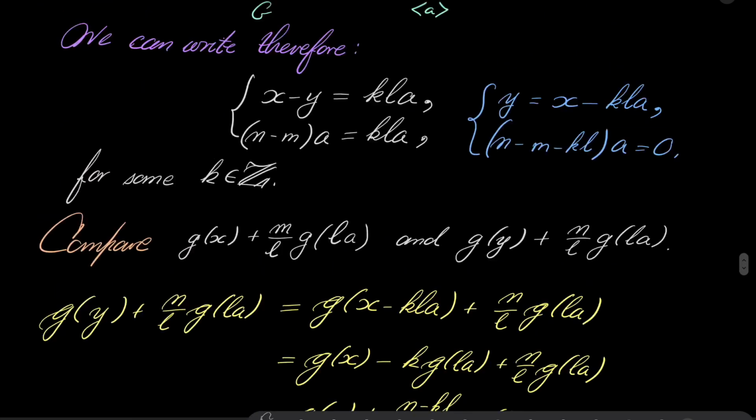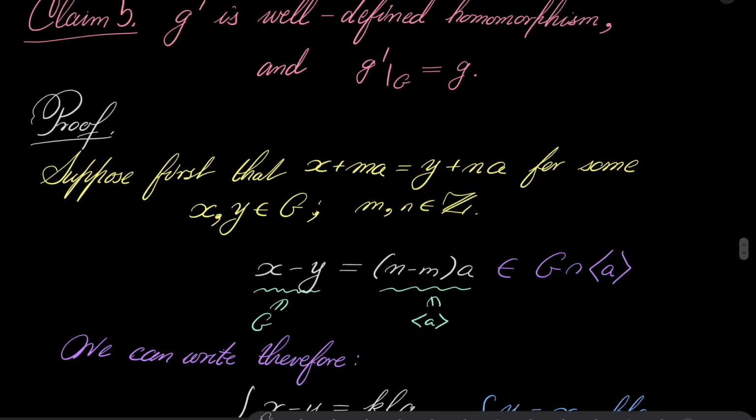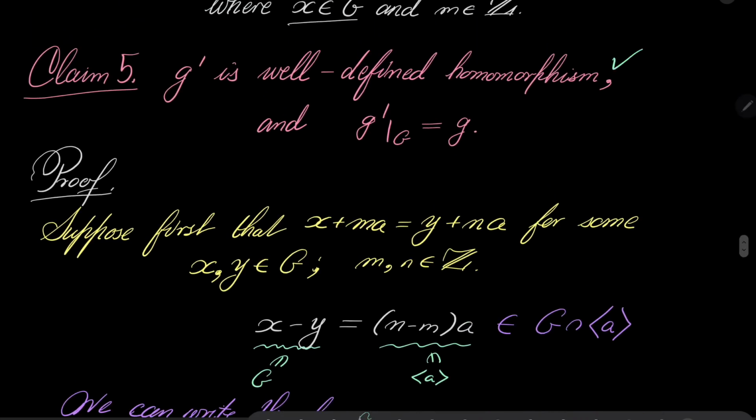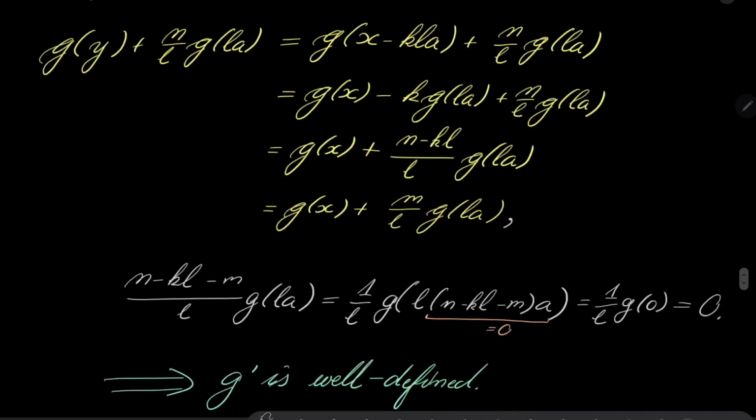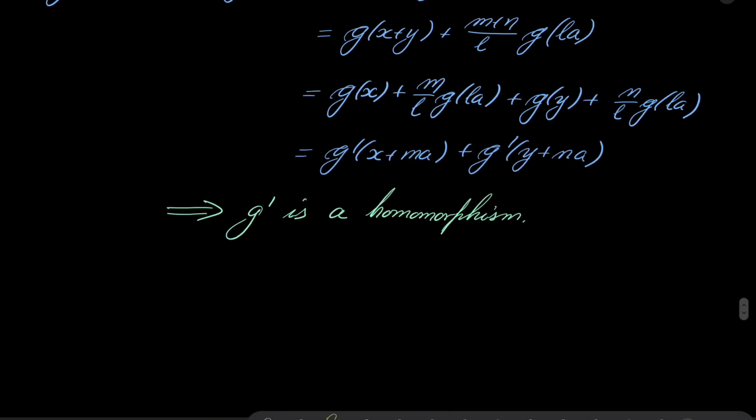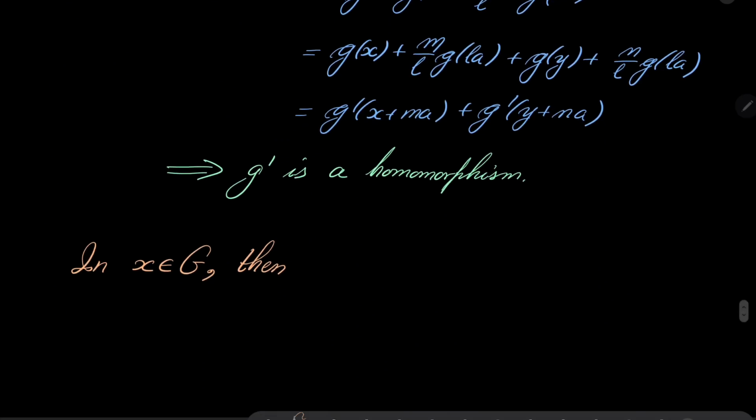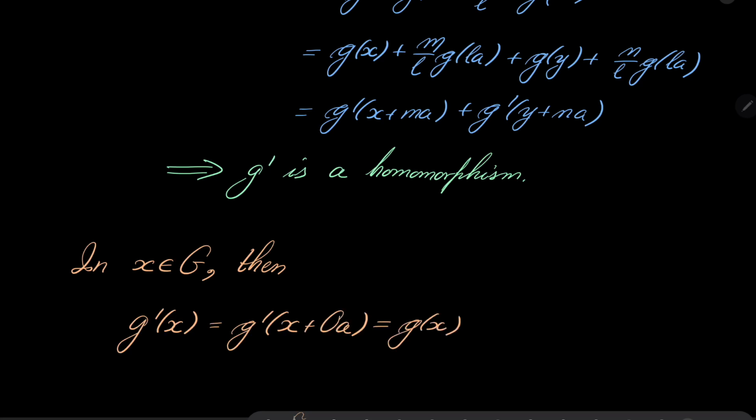All right, and what next? We have demonstrated that it is a well-defined homomorphism, but does it extend our function g? Well, let's see. If x is in our group G, then notice that g prime of x is the same as g prime of x plus 0a, so it is g of x plus 0 over l g of la.